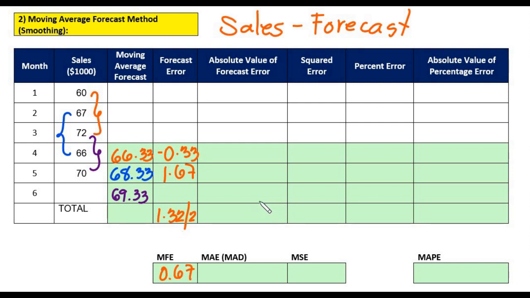We then get the absolute value of the forecast error. This one would be 0.33, and then simply copy 1.67. We get the sum, that would be 2.0 divided by 2. Our mean absolute error would be 1.0.